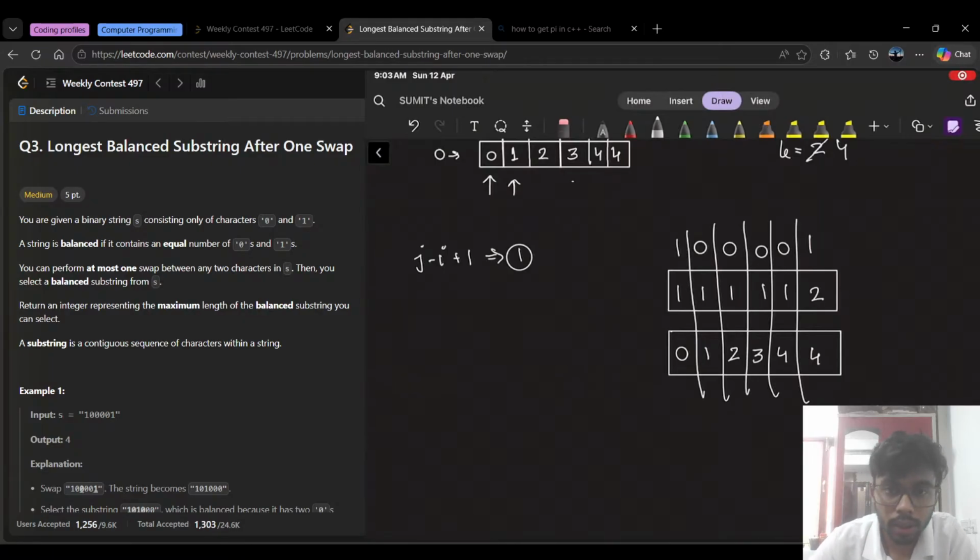Okay, this is right. Length modulo 2 not equals to 0, I need to continue. Yep, that's also fine.